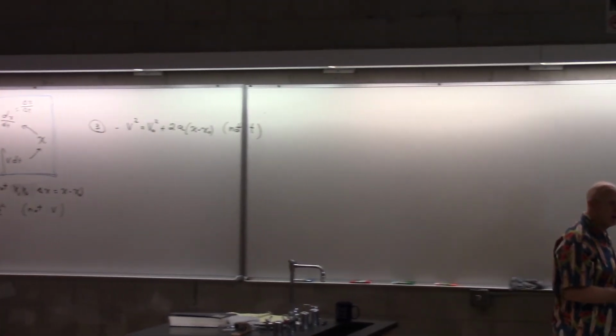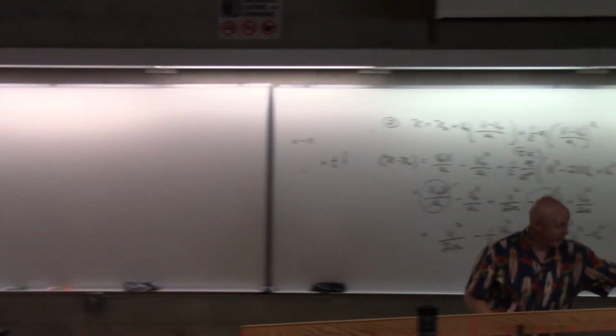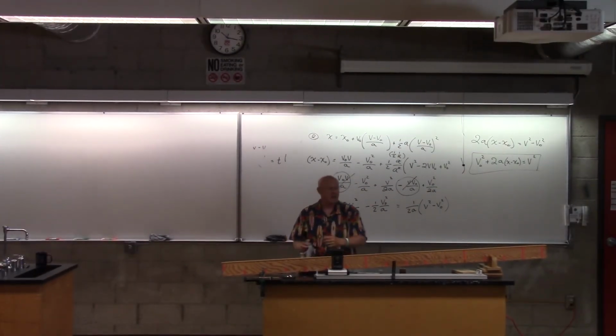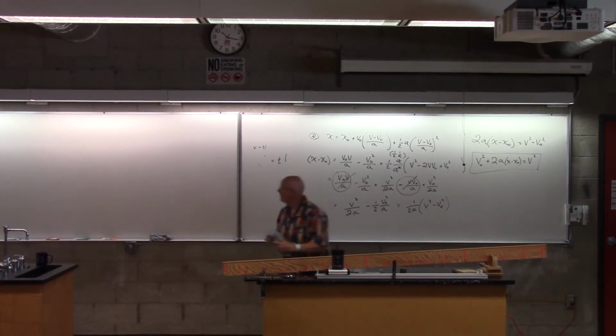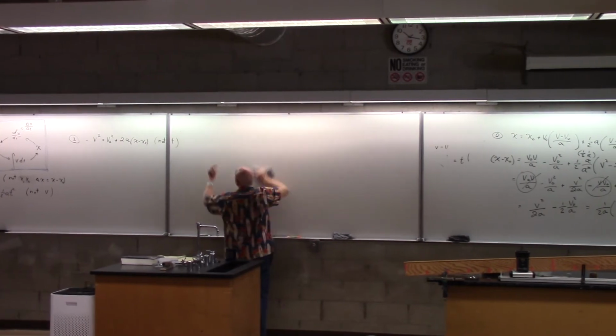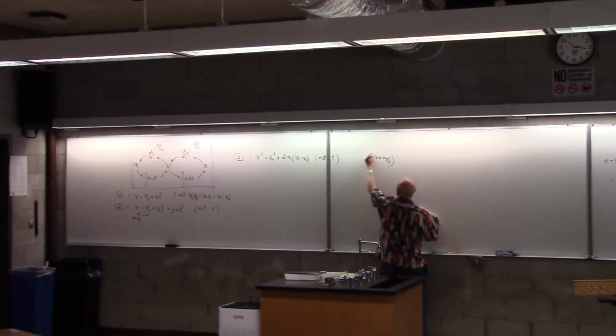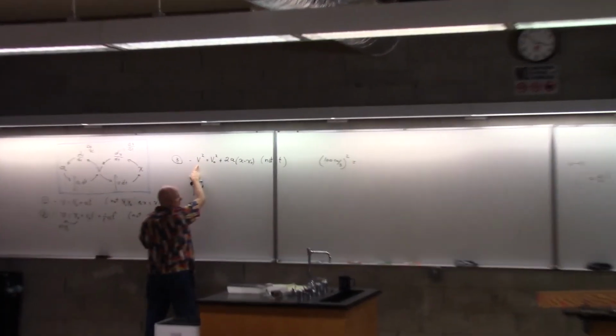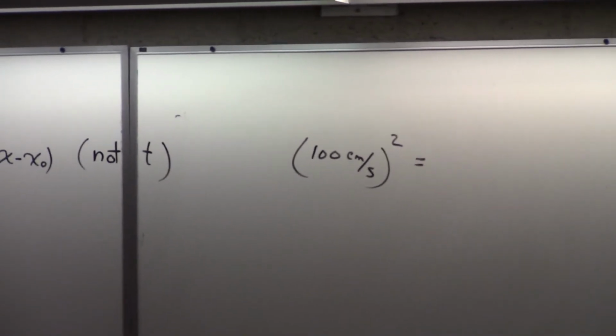The problem I was describing is, could you tell me how far down it goes when it has a speed of 100? So, using this equation number 3, I would put 100 centimeters per second and square it for the speed that it's telling me about.